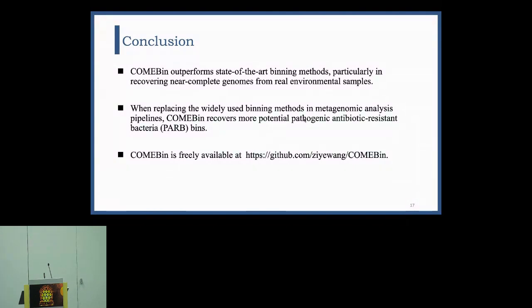Results show that Combine outperforms the state-of-the-art binning methods, particularly in recovering near-complete genomes from rare experiment samples. Combine can be a valuable tool for analyzing metagenomic sequence data, and researchers can integrate it into the metagenomic analysis pipeline. Also, we have put the code on GitHub, so you can use it.